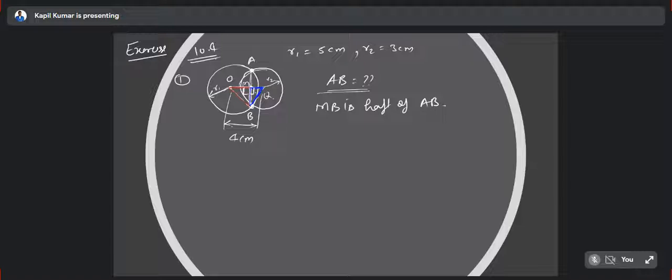Because if we take a common chord and bisect it, the line bisecting will pass through the center. We did this question, question number 3 from exercise 10.3. So this line is passing through the center, so it is bisecting the common chord.